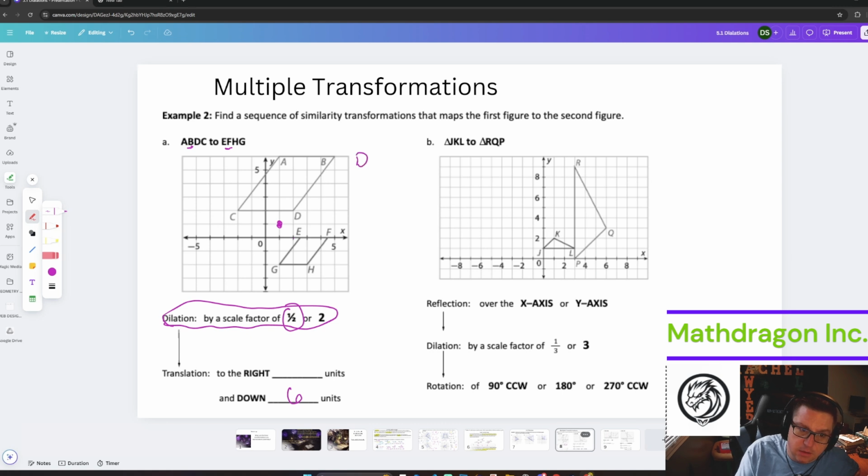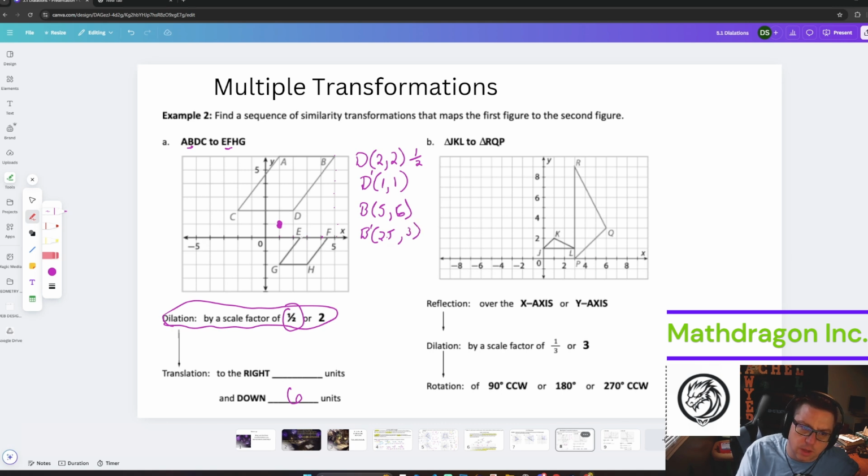If D is 2, 2, and I cut it in half, then D prime should be 1, 1. B is 1, 2, 3, 4, 5, 1, 2, 3, 4, 5, 6. So B is 5, 6, and then cut that in half, and B prime is 2.5, 3.